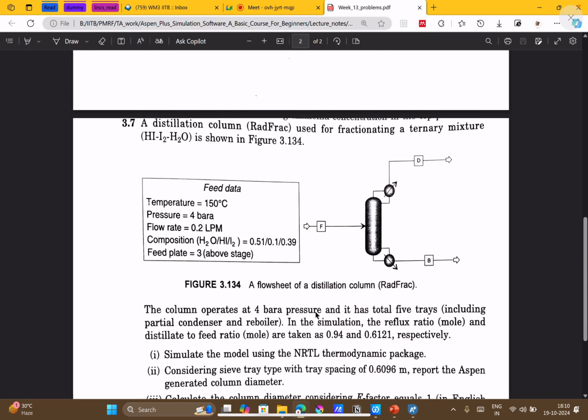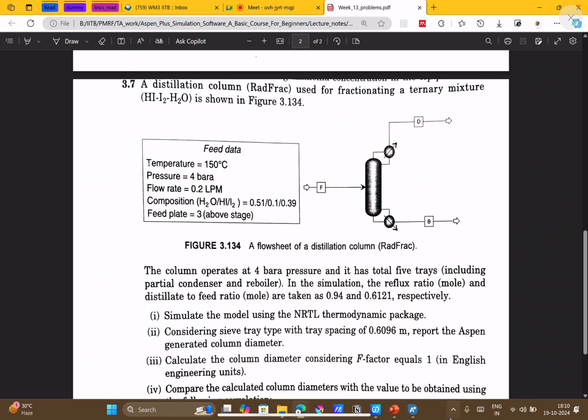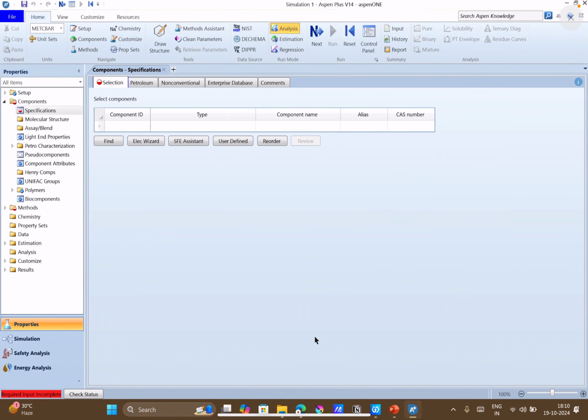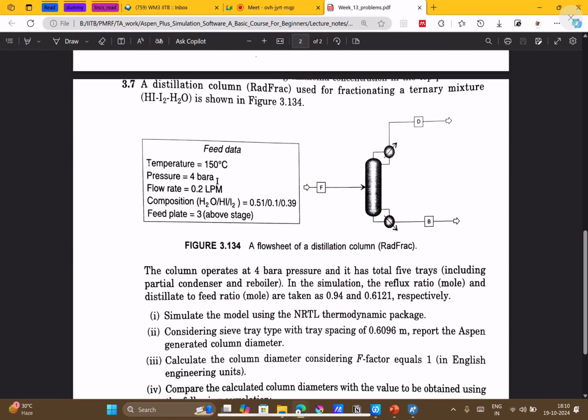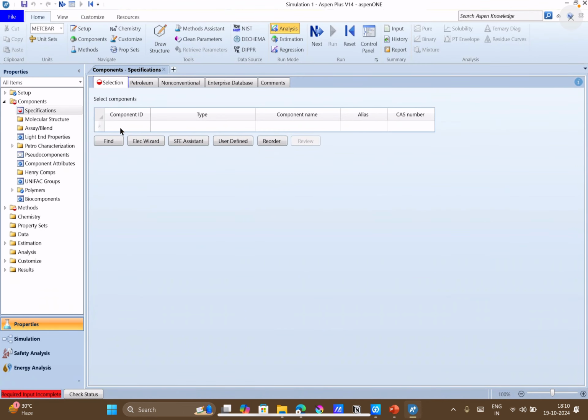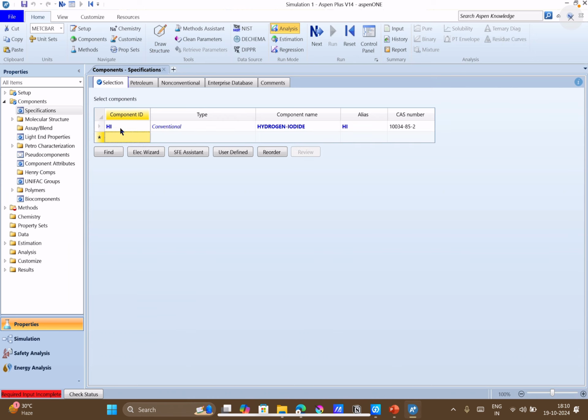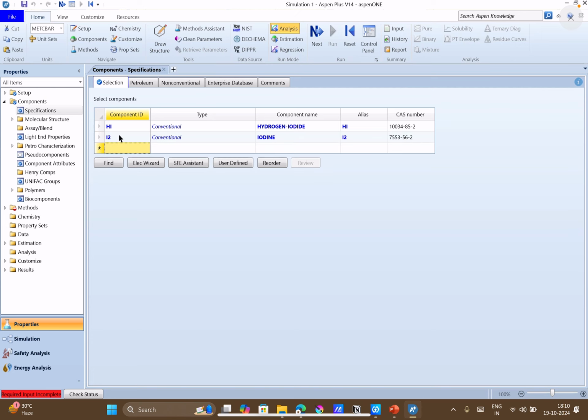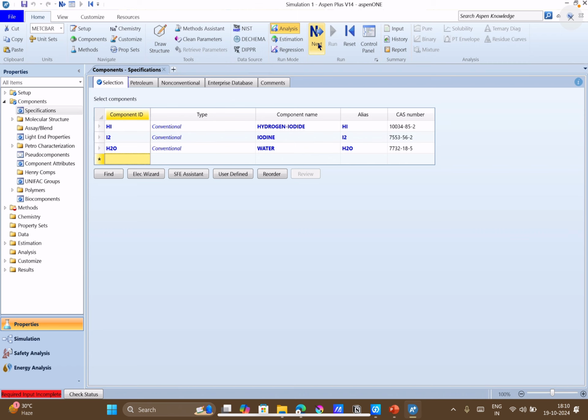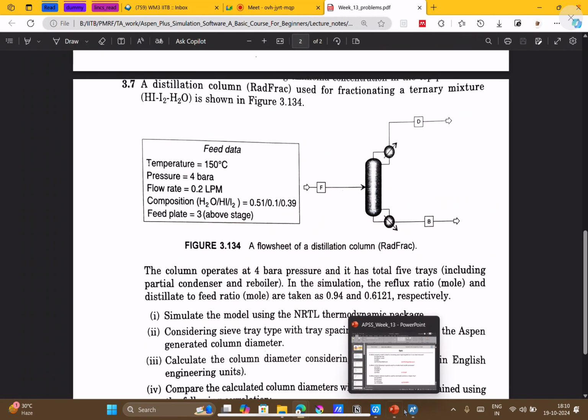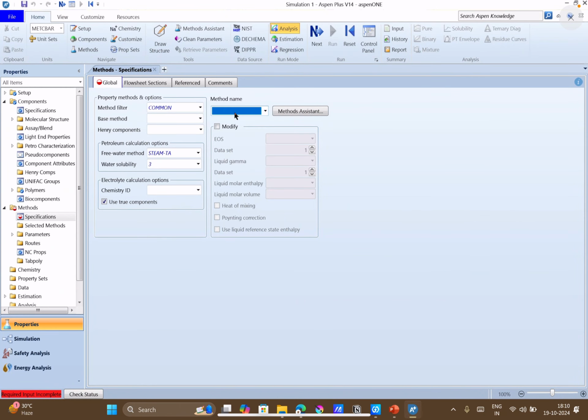So we'll start off with the simulation. Let's open the Aspen Plus software and add all three components: HI, I2 and water. The method that has been asked of us is NRTL, so select NRTL.